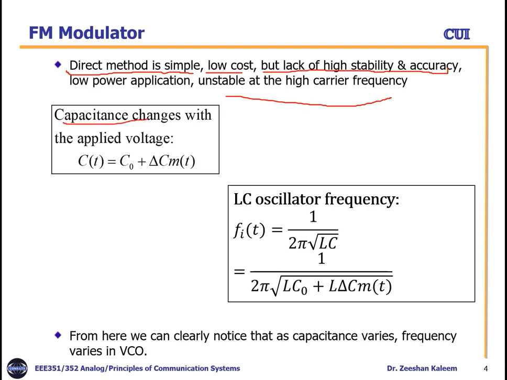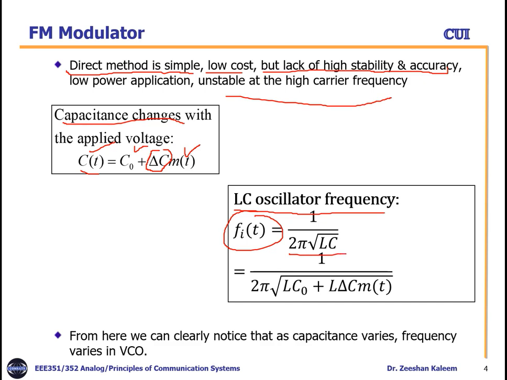Capacitance changes with the applied voltage. For example, this is the voltage-capacitance equation. This is your output capacitance C(t), which is time dependent, this is some constant capacitance C0, this is the change in capacitance delta C, and this is your message signal m(t). When the message signal changes, the final output capacitance changes. The oscillator frequency depends on the capacitance. I think you have studied this a lot of times. You can calculate the frequency using 1 over 2 pi square root of LC.